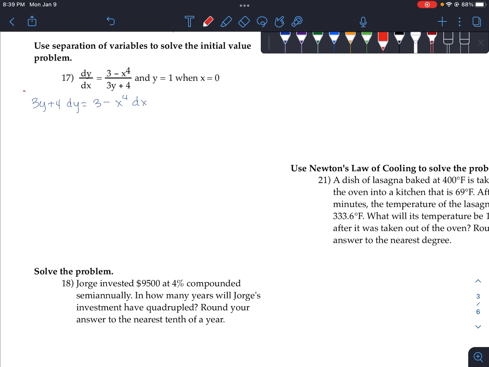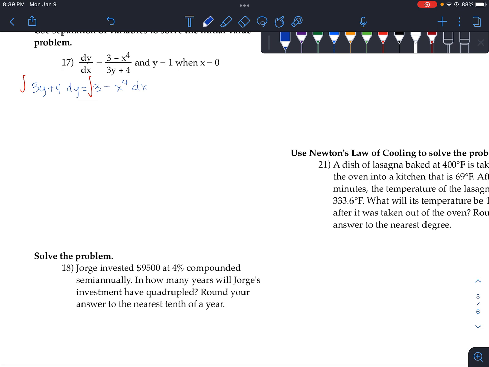And then I can anti-differentiate because I have my variables separated. So this will be 3 over 2 y squared plus 4y equal to 3x minus 1 over 5 x to the fifth plus c. I have an initial point right here, so y is going to be equal to 1.